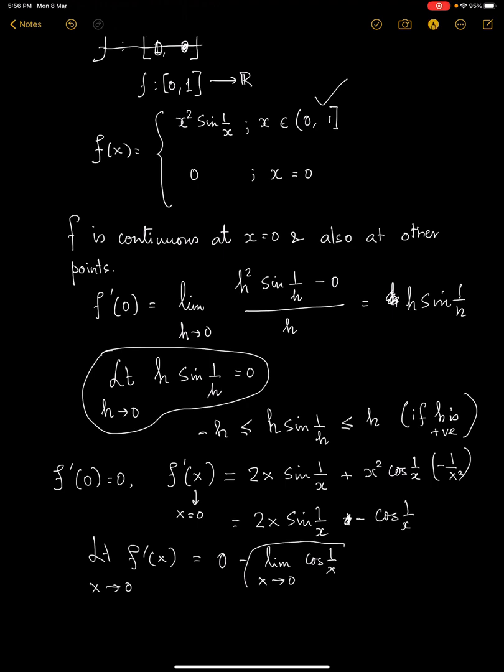But the limit of the cos 1 by x term does not exist, because cos 1 by x keeps on oscillating heavily between minus 1 and 1, and does not go to any limit.